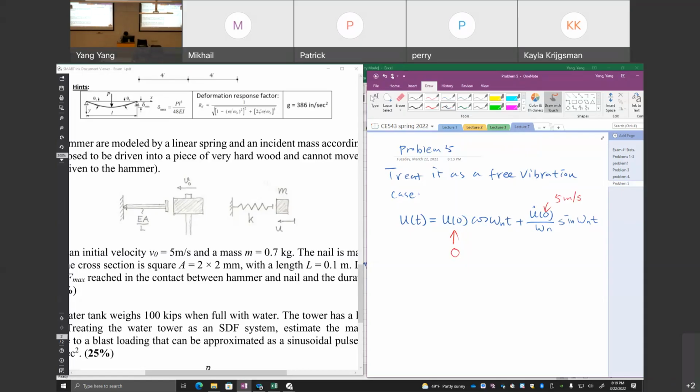We just need to calculate the natural frequency of the system. That means we need to calculate the k value. That's equal to EA over L. This is the k value.